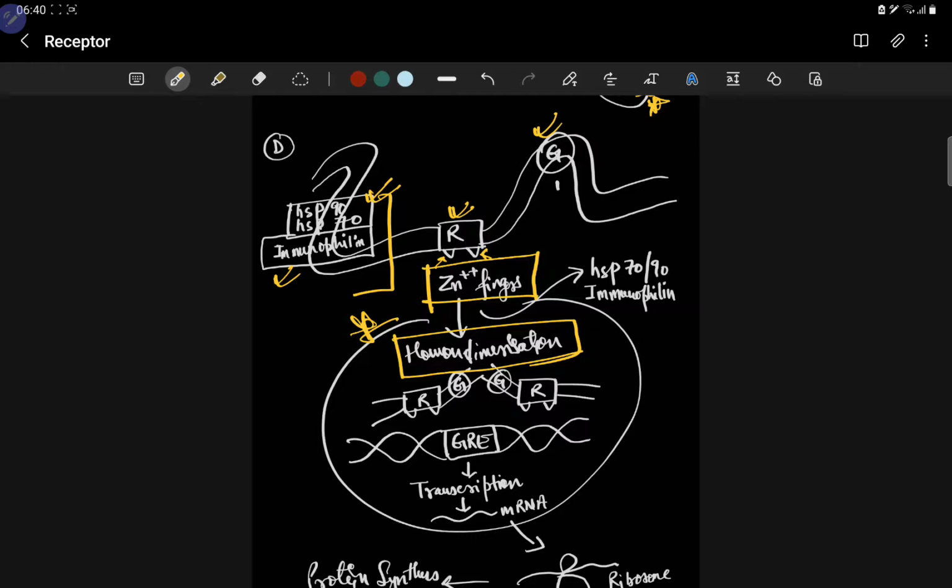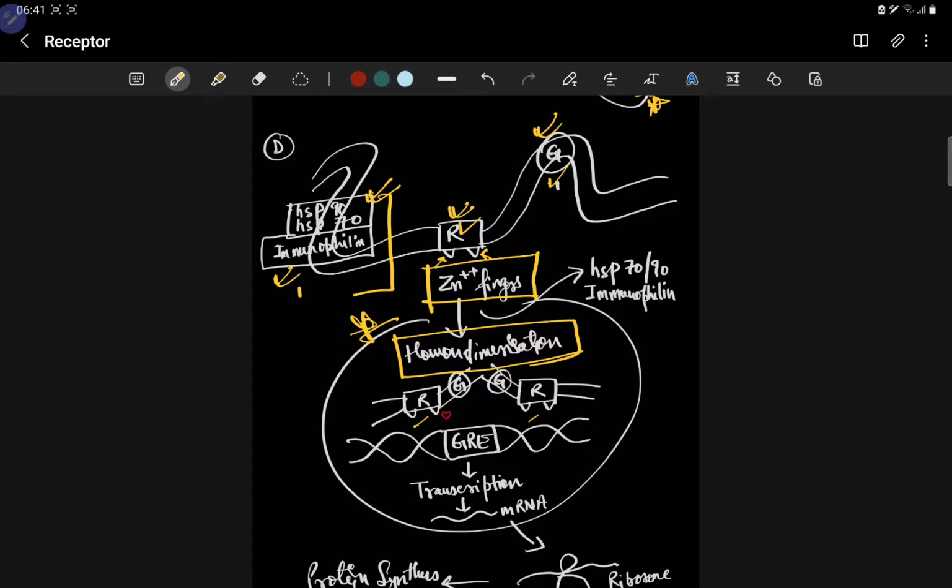So if there is a homodimerization, there is a heterodimerization also. So in homodimerization, what happens? You see these receptors, this is the receptor with this globular subunit.